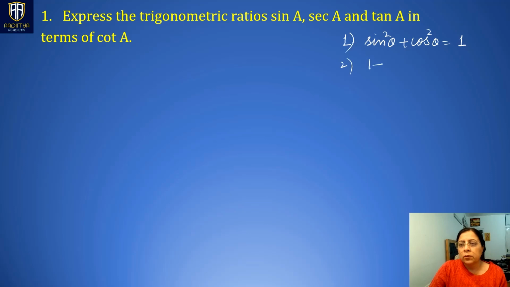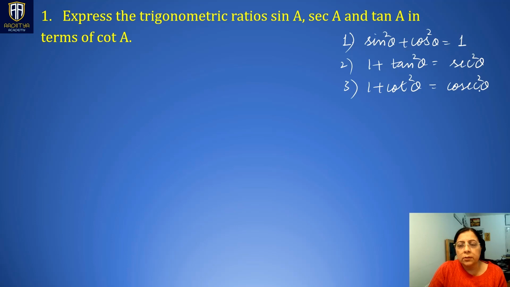Second, 1 plus tan square theta is equal to secant square theta. Third, 1 plus cot square theta is equal to cosec square theta. So these are the 3 basic identities that we can use as standard results to solve further questions.